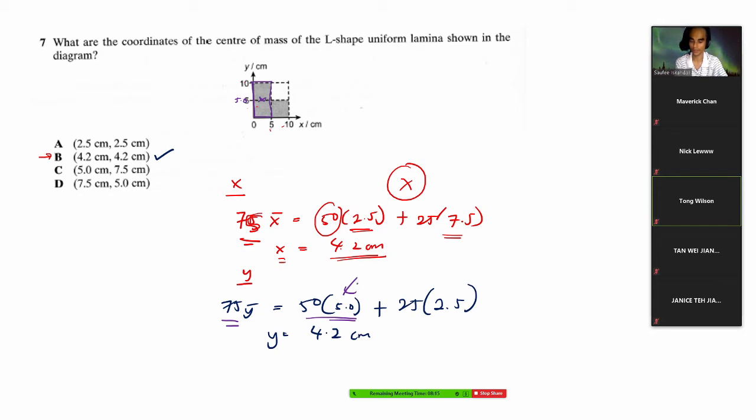Plus the second one, 25, and the middle will be 2.5. So you add up 50 times 5 and 25 times 2.5, and you end up with 4.2 centimeter. Okay, answer is boy. So the center of mass is exactly at this point, 4.2.